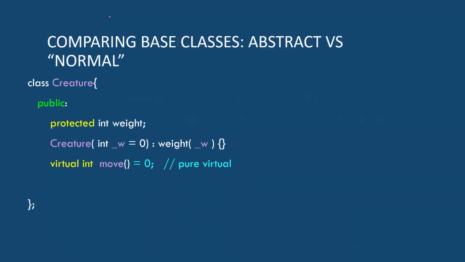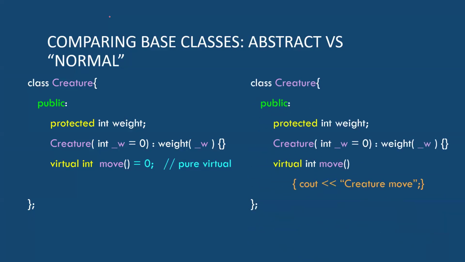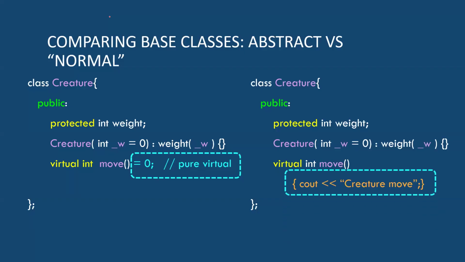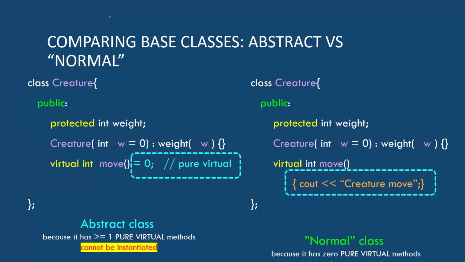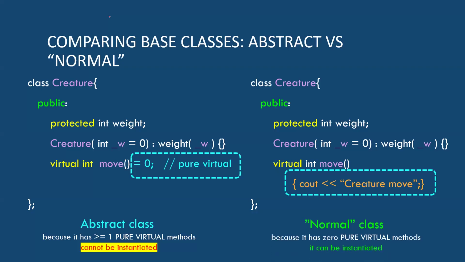Okay. So here's one thing on the left that's pure virtual and abstract, and one thing on the right that could be created in our game, right? So we can't instance that one over there, but we could instance this one over here. The compiler would be okay with that.